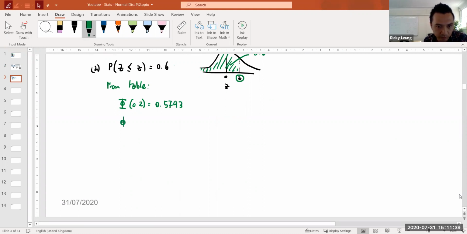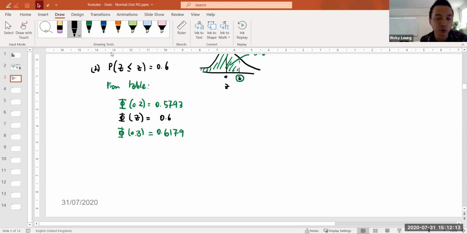Also from the table, 0.3 is 0.6179. Now, I want the value to be exactly 0.6, or close to 0.6. I know that somewhere in between, maybe I'll write it like this so you can see what I want, there is a Z value that gives me exactly 0.6. That's what I want. So I'm going to interpolate this.